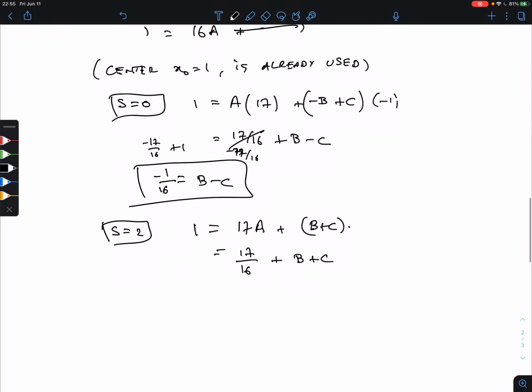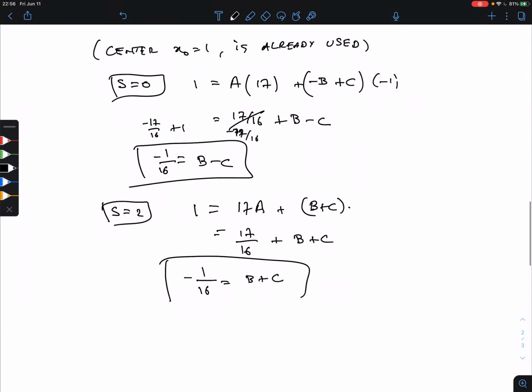Bring this to the other side and get 1 minus 17 over 16, that is minus 1 over 16, and that's equal to b plus c.